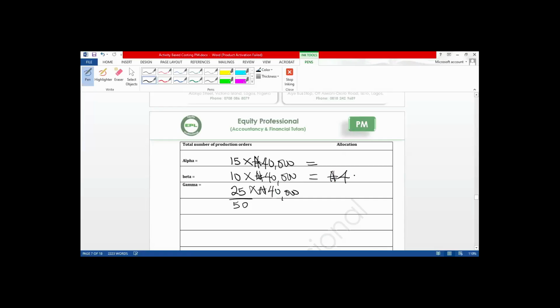This is 400,000. This is 600,000. And the last gives me 1 million. Total is 2 million.